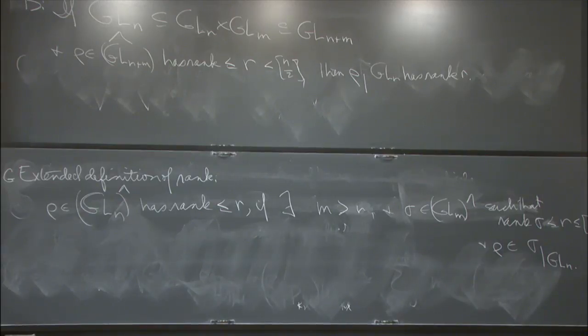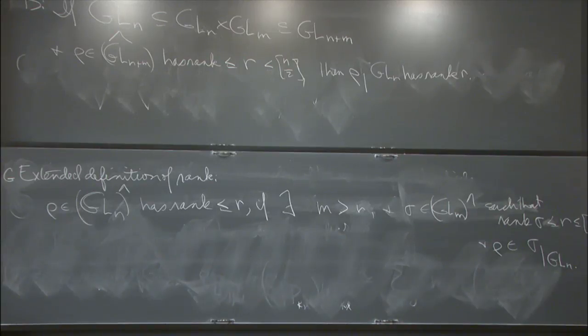This gives a filtration on the Grothendieck ring by rank. So what does it look like? It's not obvious that there are any representations of small rank, but the trivial representation, yes, has small positive rank.